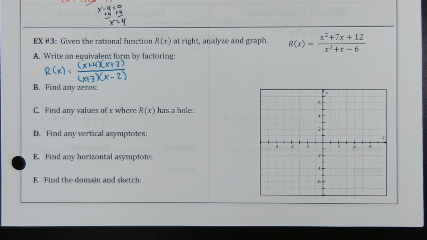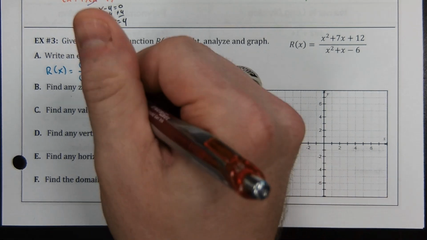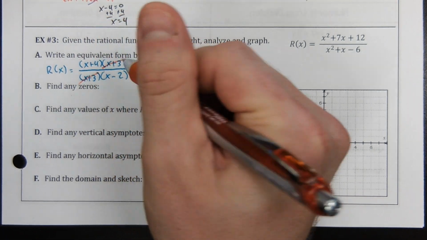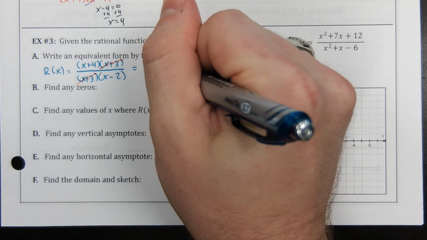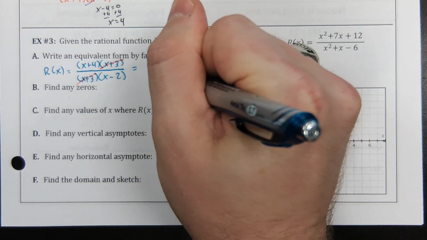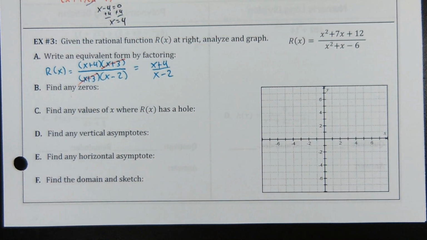Hey, look. There's a factor matching on the top and the bottom. They cancel out. Go Gators, orange and blue. The x plus 3 cancels, leaving us with x plus 4 over x minus 2. We have written an equivalent form.